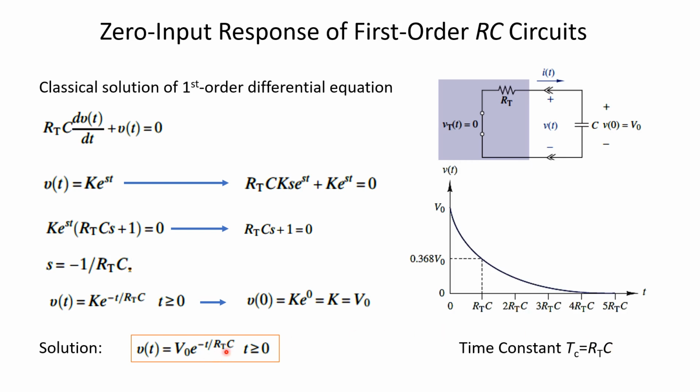And if, due to some initial voltage, there is a voltage with this polarity, some positive voltage, and this is V0, we just substitute t equal to 0 in this equation.